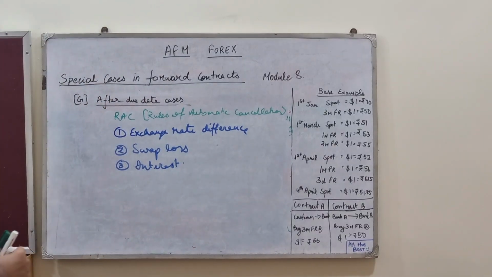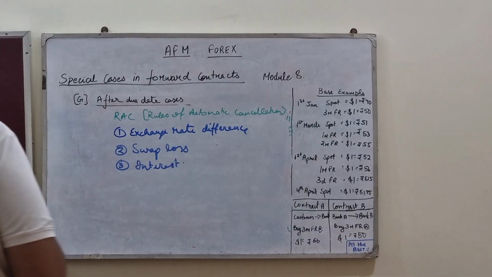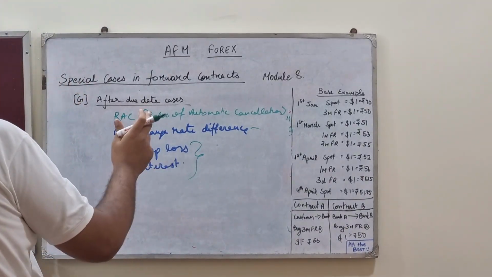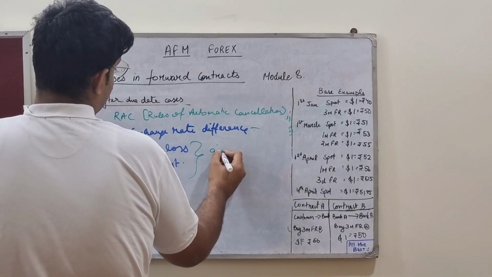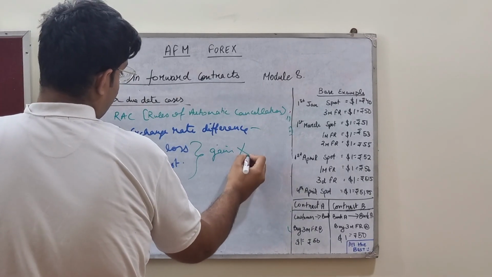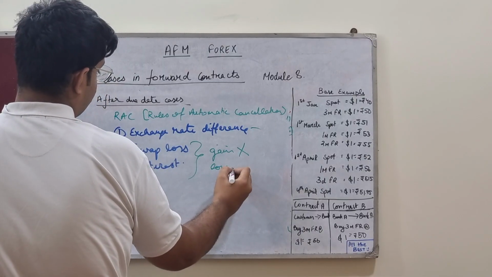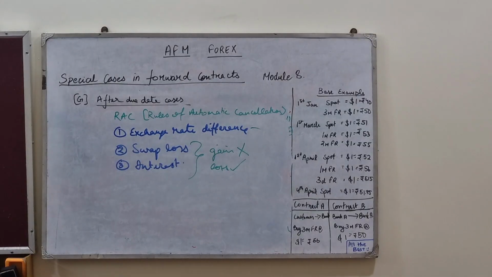Okay, so this might look really similar to the last case, but it is fundamentally different in the second and third one. It's different where gain is not transferred to the customer, only loss is taken back from the customer. So I'll give you an example and let's go ahead.